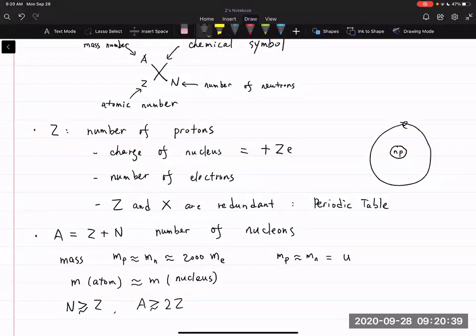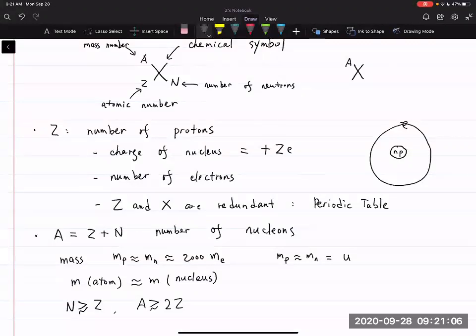If we know the X and we know the number of neutrons N, then we can get A. So there's some redundancy there as well, so oftentimes we don't write down the number of neutrons. We only write down the mass number A. So what we need is this chemical symbol X and the mass number.